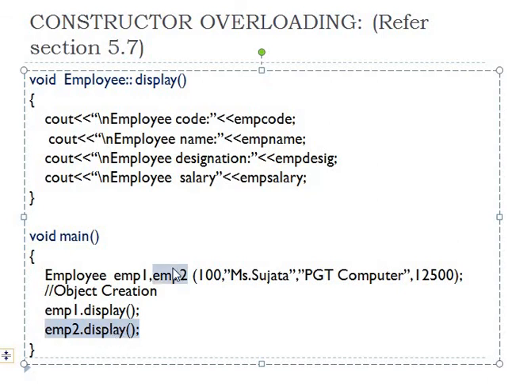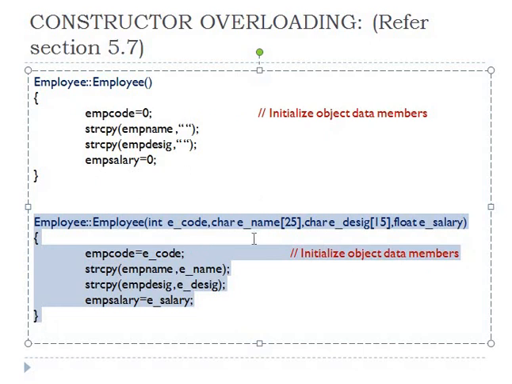Now you already know that for this particular object named emp2, the initial values passed are these. So for this object emp2, the parameterized constructor has been called, and the initial values are passed into these parameters, and from these parameters the data members had been initialized.